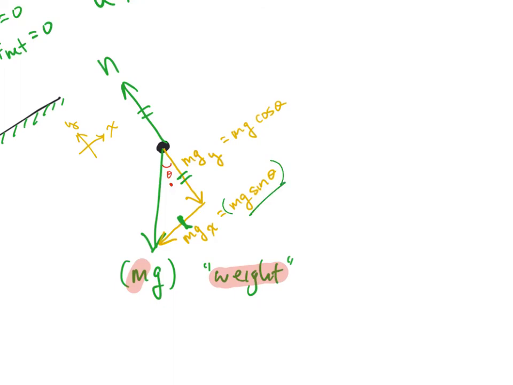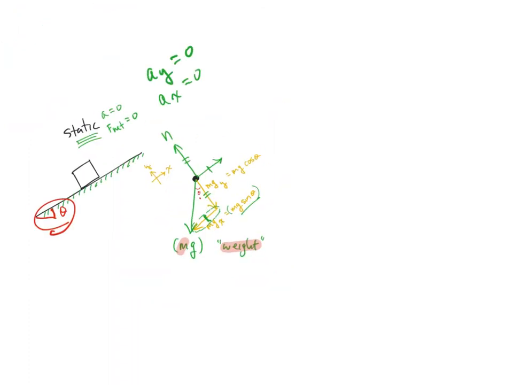So I need another arrow opposite of that vector and equal in magnitude. And you might ask yourself, what is that force? What is preventing that block from sliding? And of course, it's a static friction force. We haven't talked about friction. In fact, how we deal with friction mathematically won't come up until our next chapter.